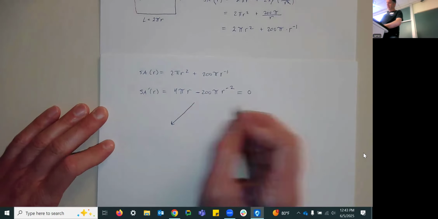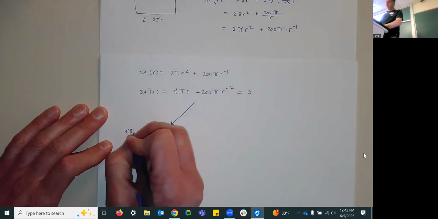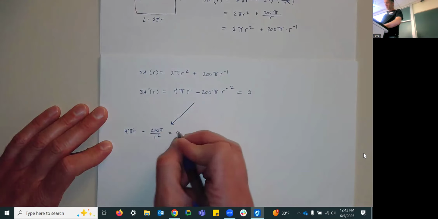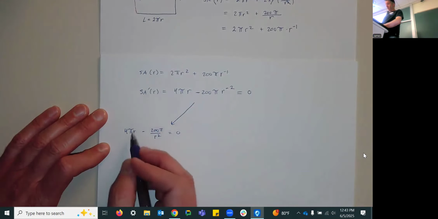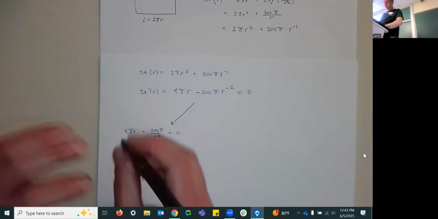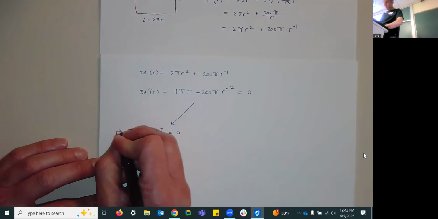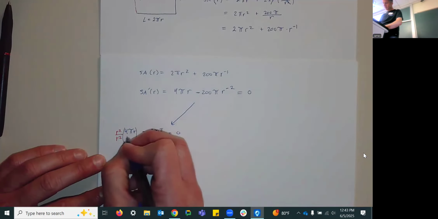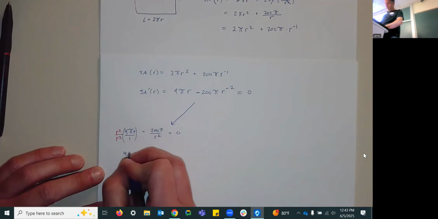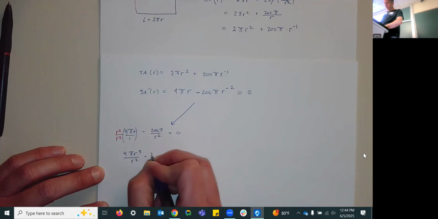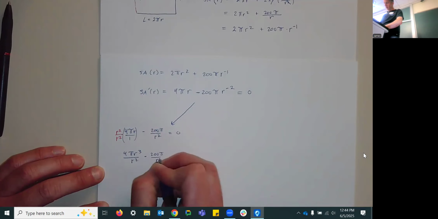You can rewrite the left-hand side as 4 pi r minus 200 pi over r squared, still equal to 0. Multiply this part by r squared over r squared. So I'm going to get 4 pi r cubed over r squared minus 200 pi over r squared.